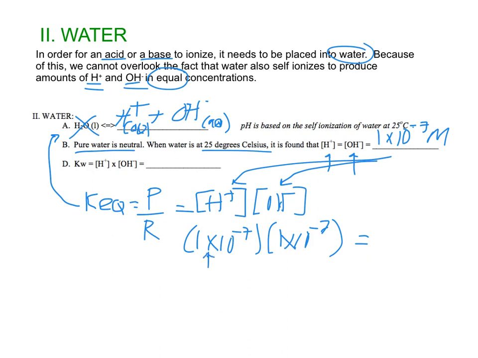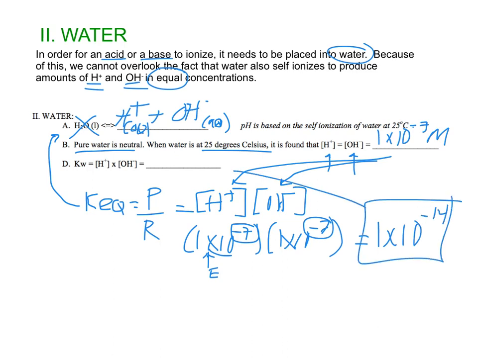When you do times 10, remember you can substitute that in for E using that second comma button. Or mathematically, when we multiply these two things with exponents, we can actually add up our exponents and get 1 times 10 to the negative 14th. This would be our equilibrium constant.